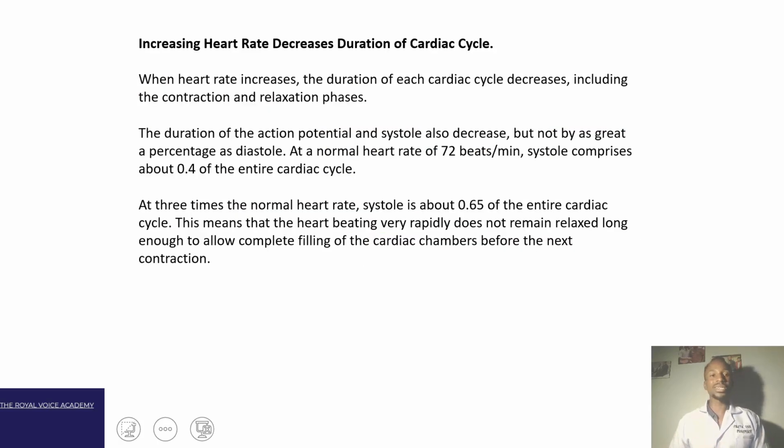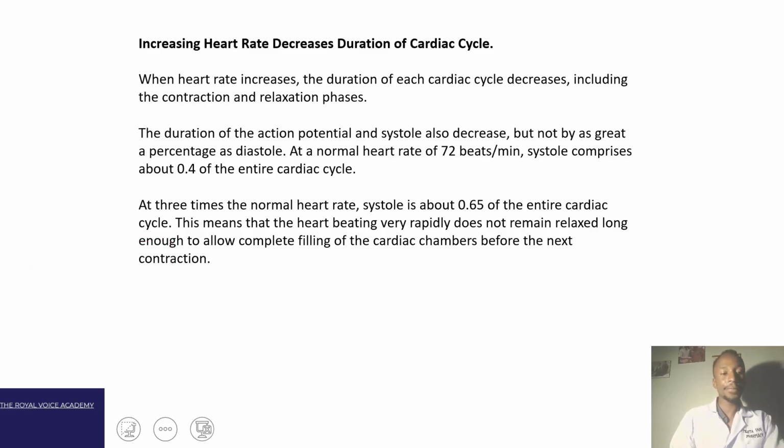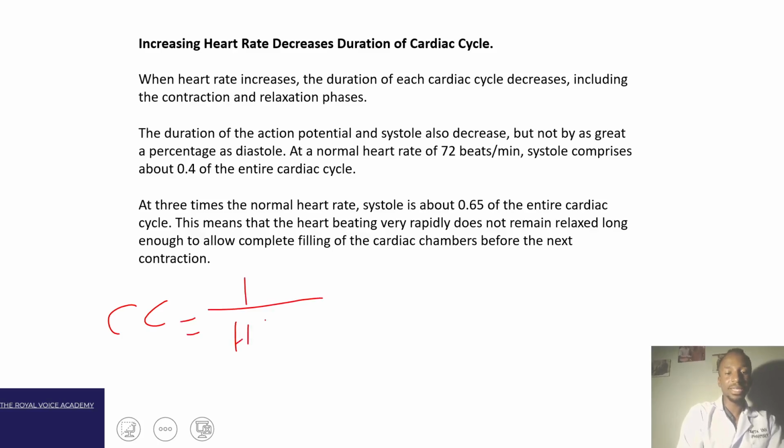So what we are saying in this slide is that increasing the heart rate decreases the duration of the cardiac cycle, because the cardiac cycle is simply the reciprocal of the heart rate. They are inversely proportional.